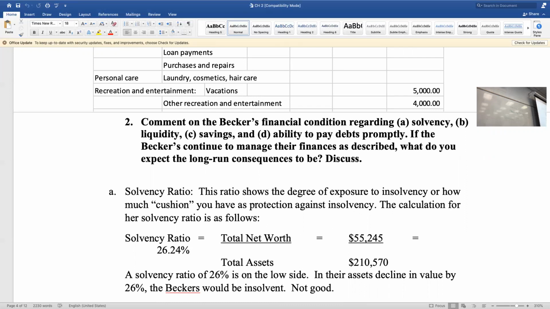I don't think this is really on the low side for a couple in their 20s and 30s, but overall it would be considered on the low side. So the solvency ratio just means that's your cushion. That's the percentage your assets could decrease before you're considered insolvent.